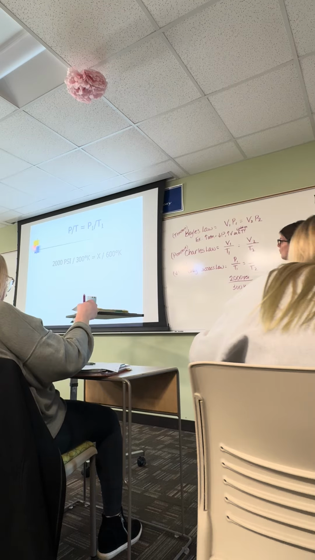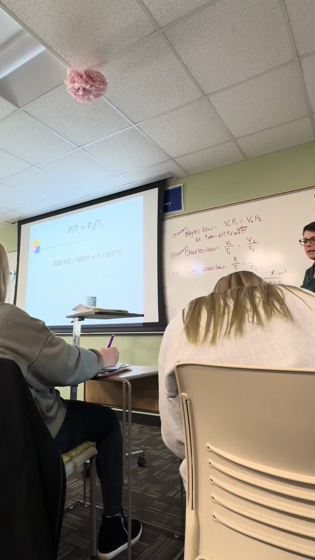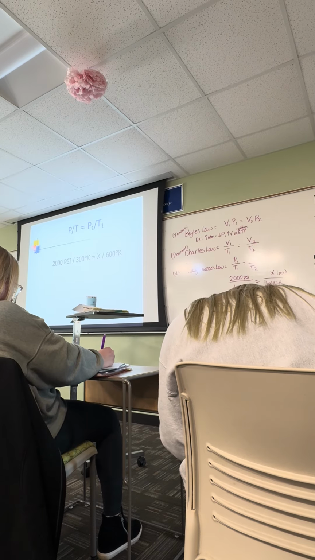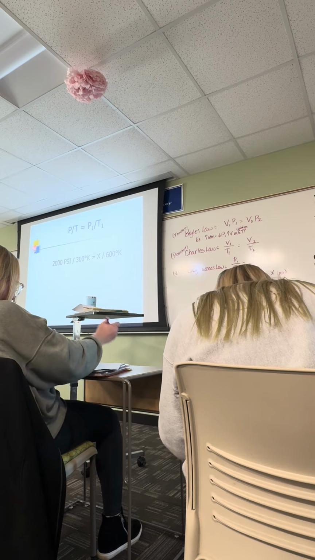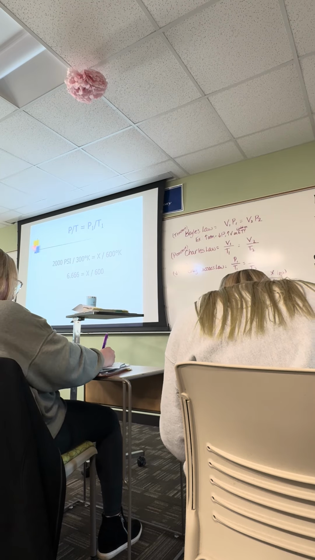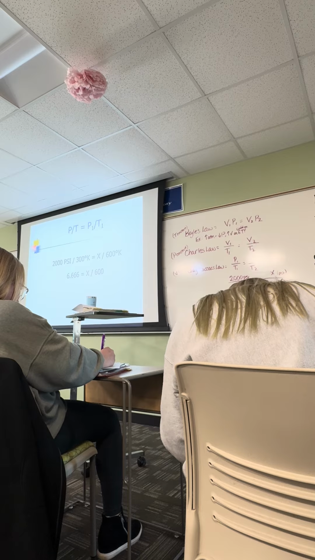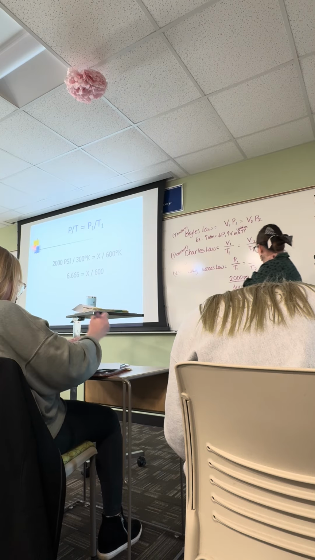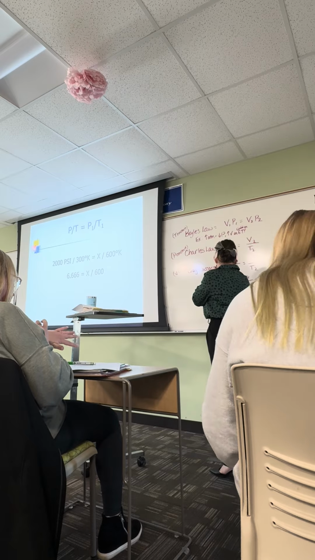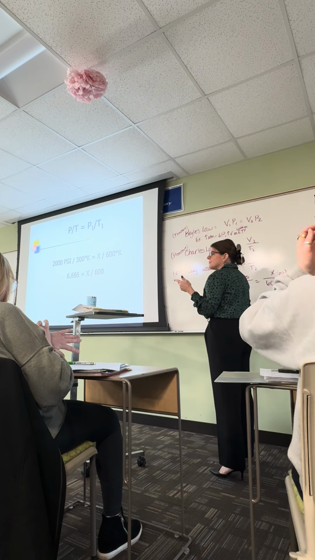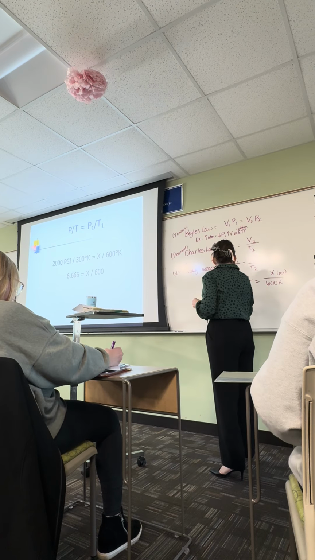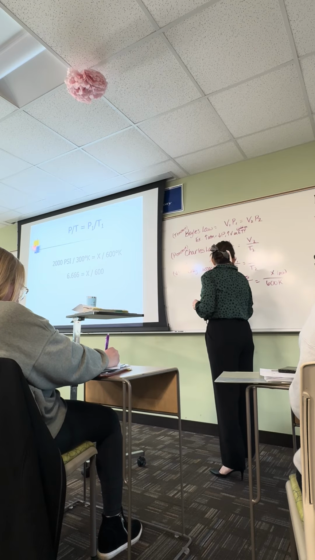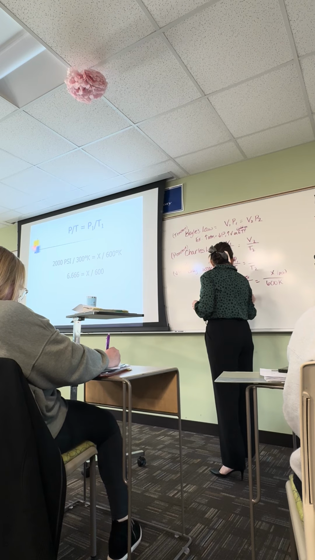All right, so now you're going to cross multiply. Again, you're going to get a huge number. That's going to be a lot of zeros. There's more than one way to do this, so you can do it however you'd like. That's going to be 1 with 5 zeros.